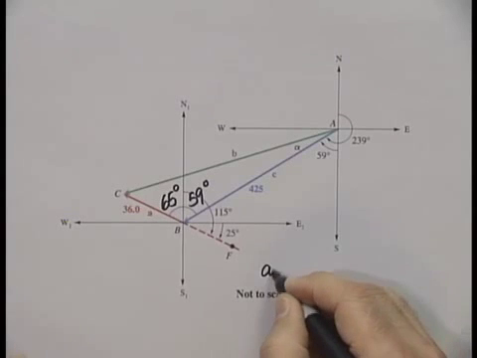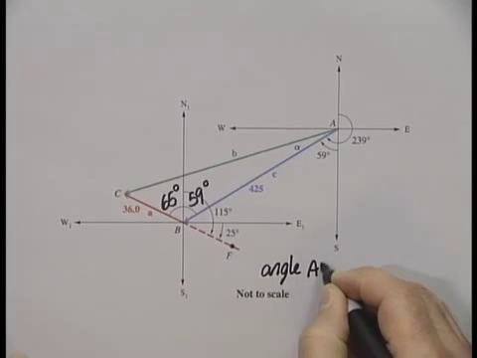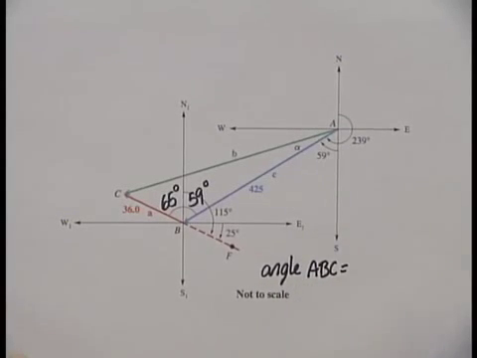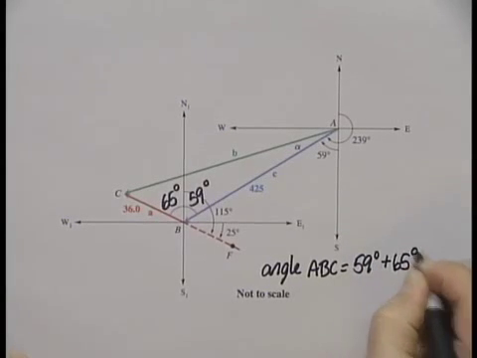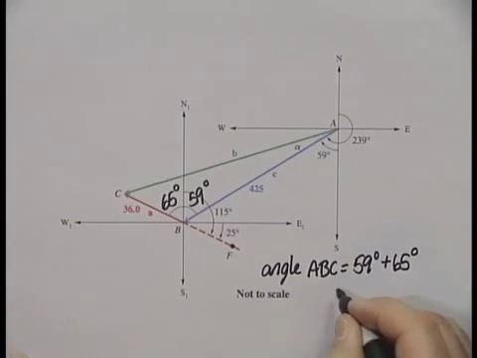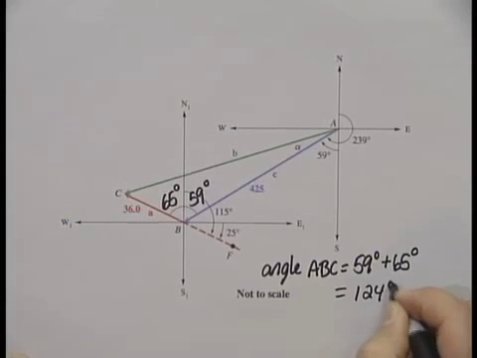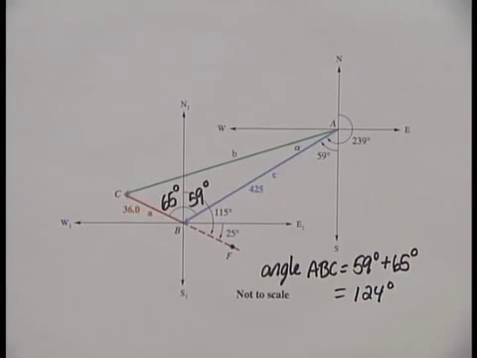I will write angle ABC is equal to 59 degrees plus 65 degrees. That's equal to 124 degrees. So now we're going to use the law of cosines to help us find the length of B.